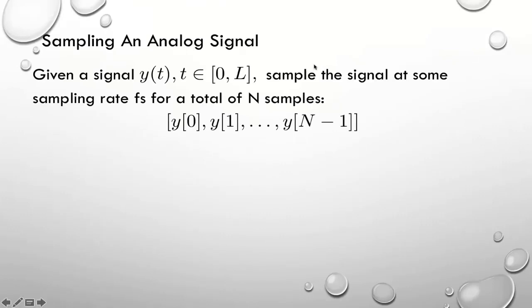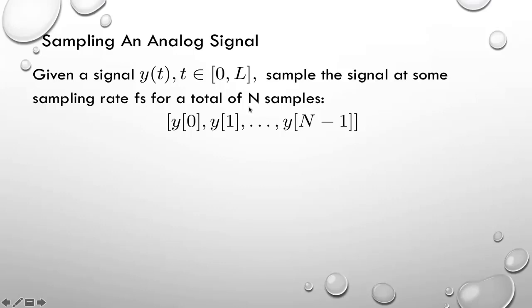Okay, so given a signal y of t, this is a continuous function on some finite domain from 0 to L. So for example, for us this would be an audio file. And because the signal is continuous, computers cannot store all that information, so we're going to sample from this signal at some sampling rate of fs, and we're going to sample it to get n total samples.